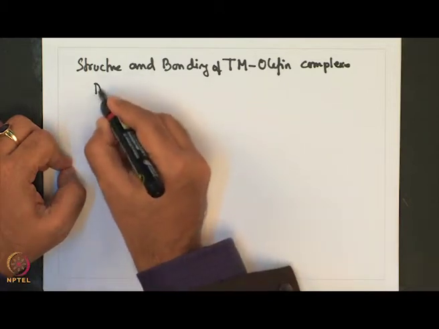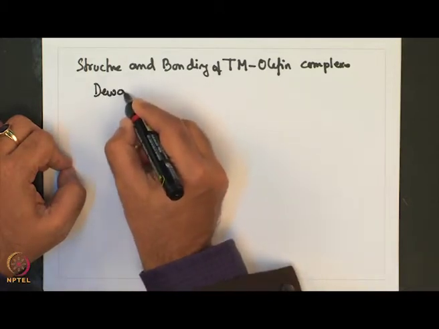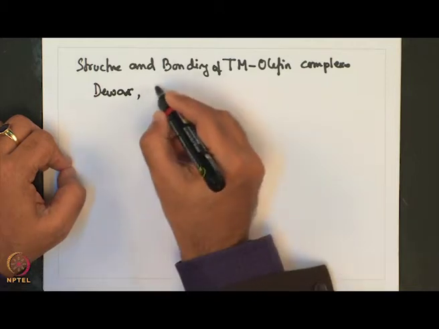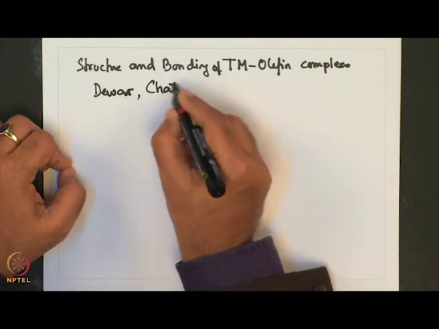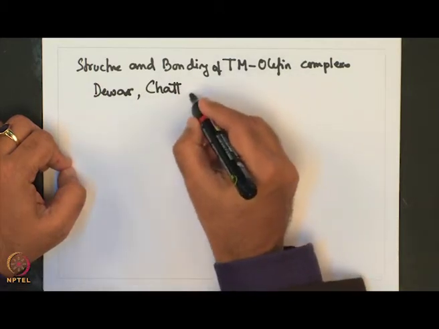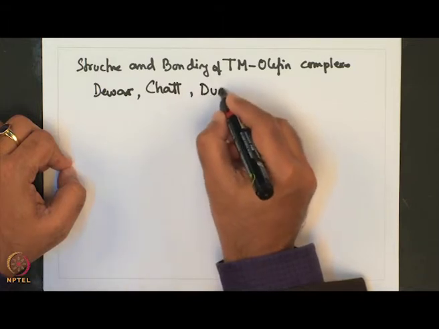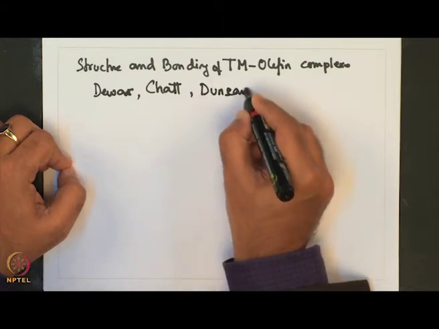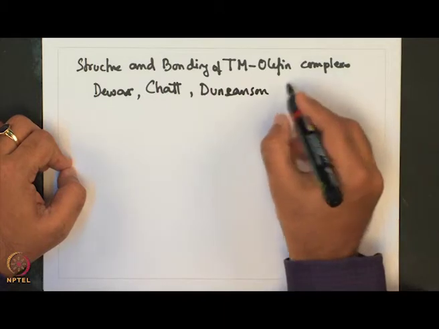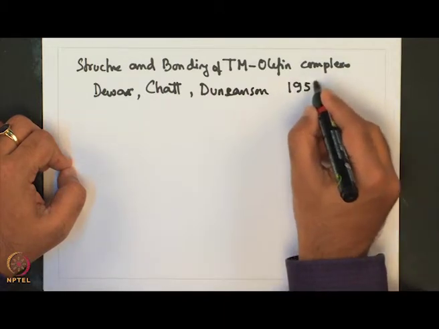Particularly with respect to the Dewar, Chatt and Duncanson model, which was developed in 1953.